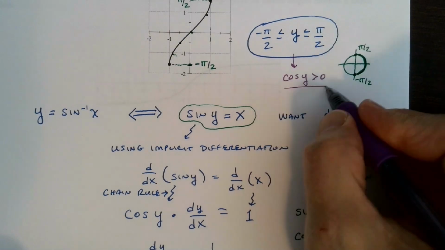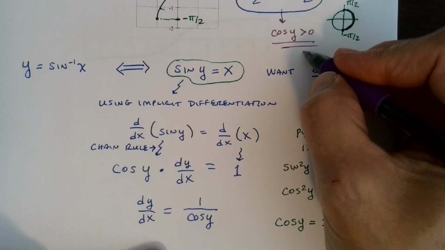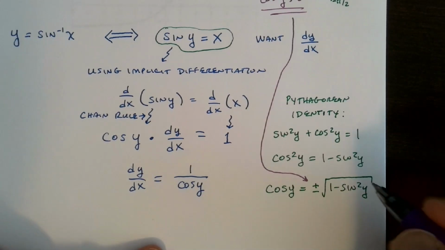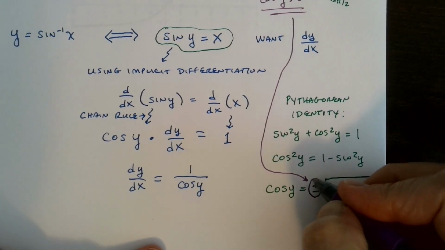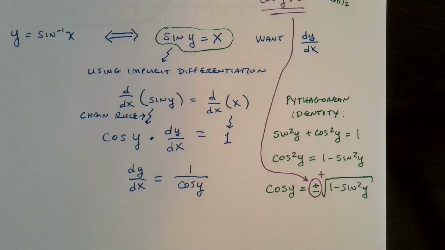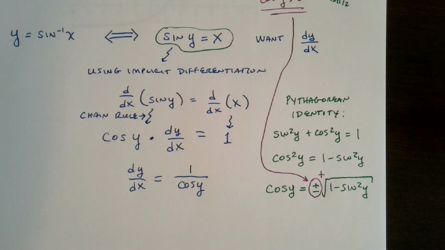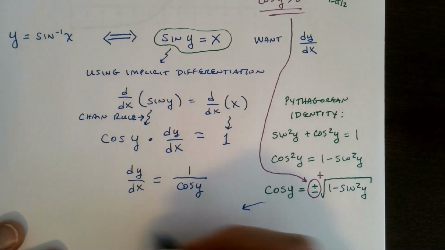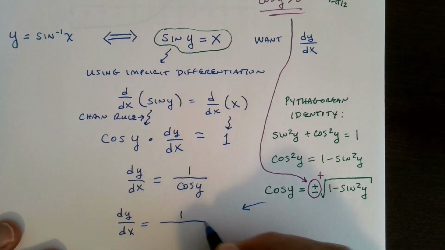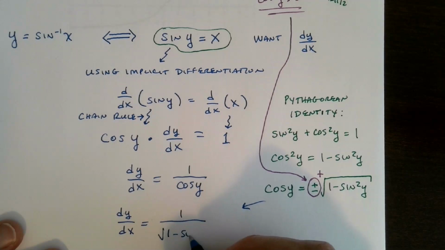So that's important. Since cosine is positive, I know that this has to be positive in this case. It can't be negative, because we have restricted y between negative pi halves and pi halves, where the cosine function is positive. And so with that, I can now replace cosine y with the positive square root of 1 minus sine squared y.